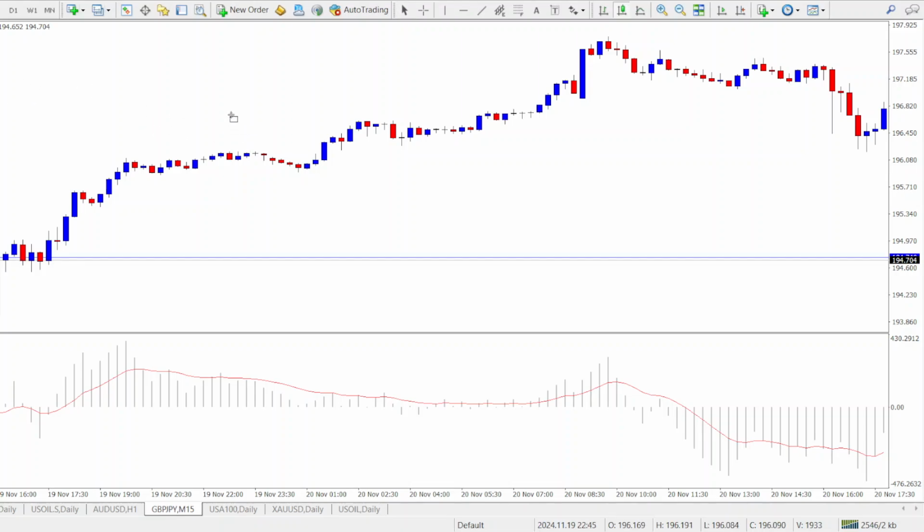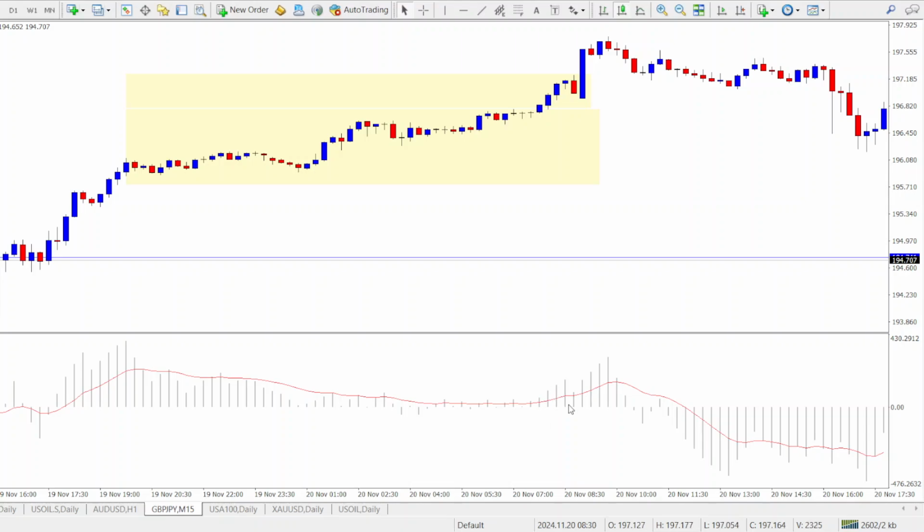We can see that right from this point all over to this whole level, the momentum was weak as indicated by the KVO. These levels where the histogram bars were short show that the momentum was weak.